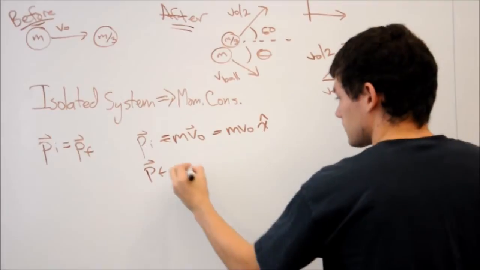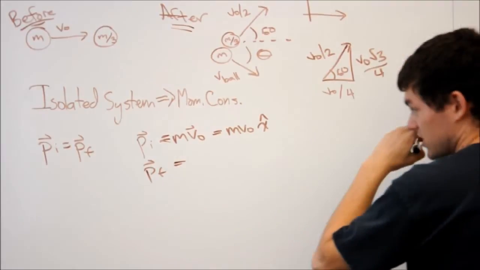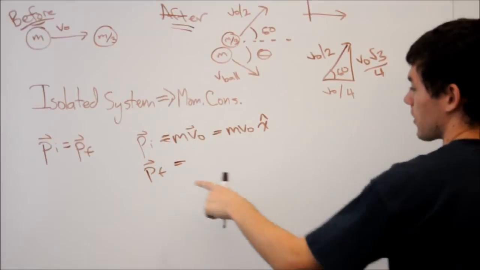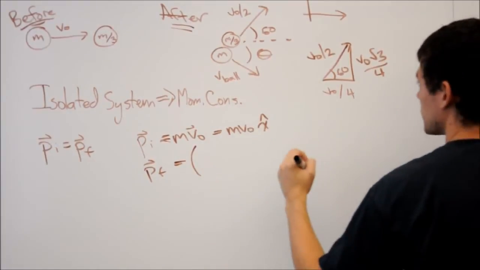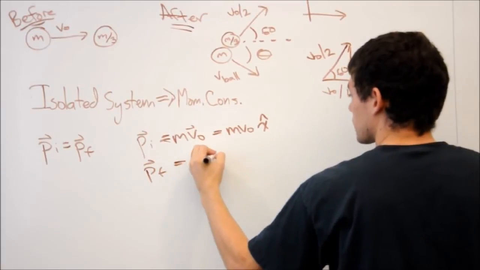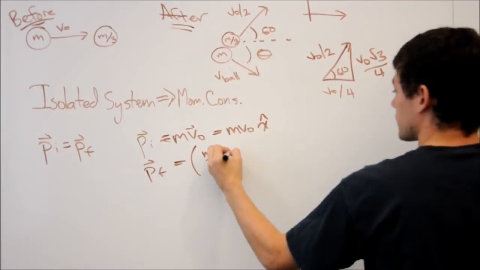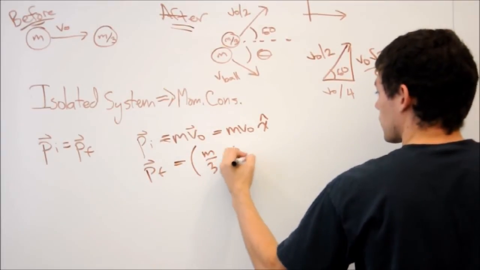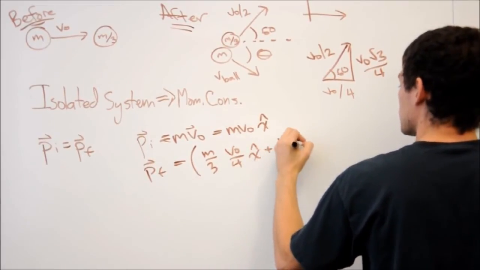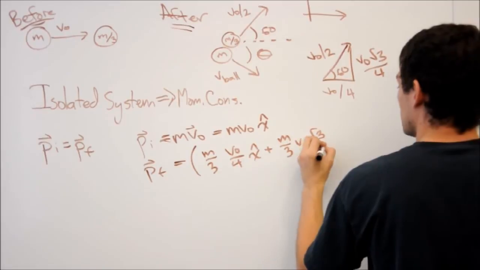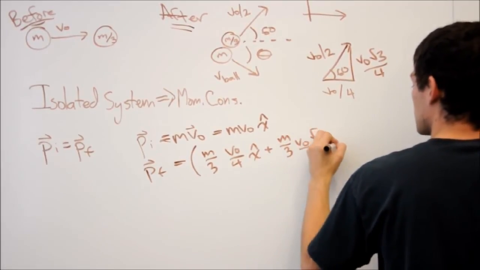So putting that in as momentums, we're going to get that the final momentum is the momentum of the bowling pin, which is going to be m over 3 times this right here, v0 over 4 times x hat, plus m over 3 times v0 root 3 over 4 y hat.